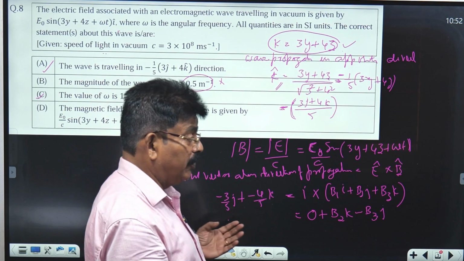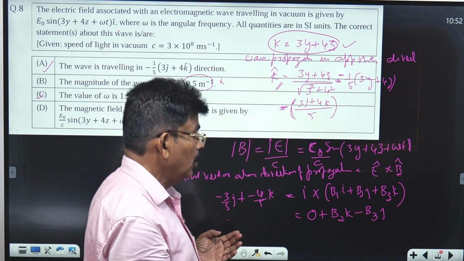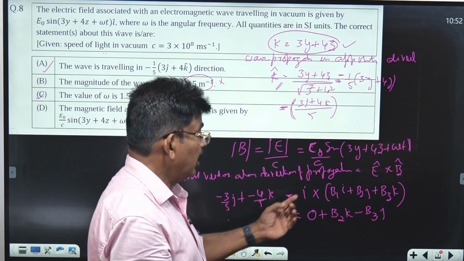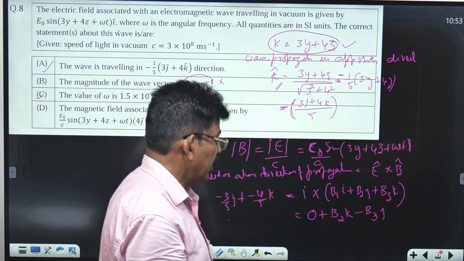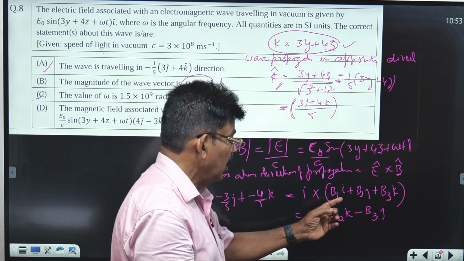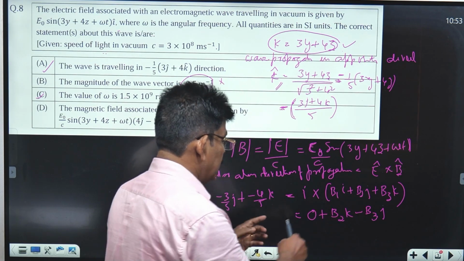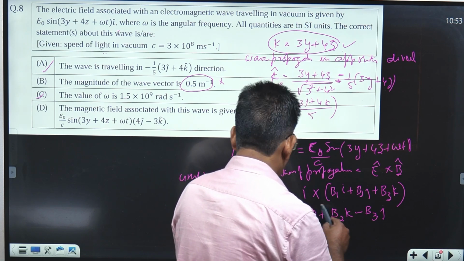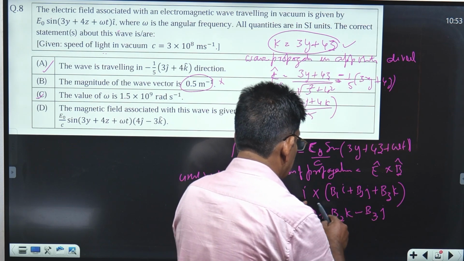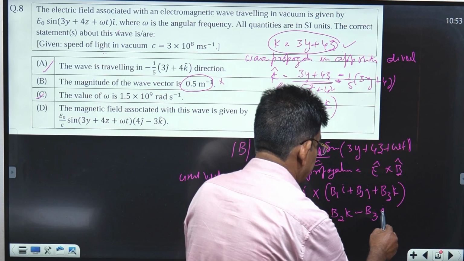That is a unit vector, of course. The unit vector in the direction of wave propagation is the unit vector along the electric field cross the magnetic field unit vector. So I take it as b1i plus b2j plus b3k. Then taking the cross product, the first term is 0, the second term is b2k because i cross j is k, and the third term is i cross k, which is minus b3j.